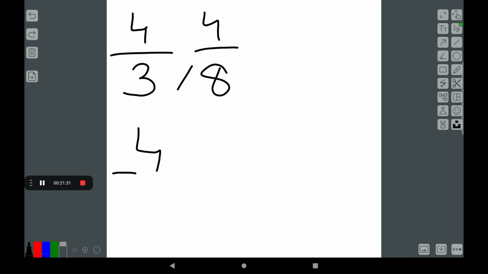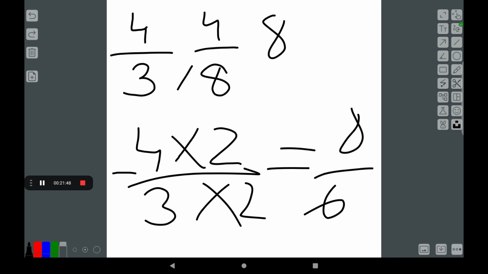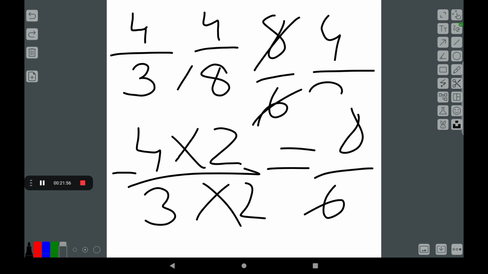First, we have to multiply them with the number which they are divisible with. So what is divisible here? 4 into 2. The same number will multiply the down one. 3 into 2. What is the answer? 8 upon 6. Can we simplify it? Yeah, we can. 4 upon 3.